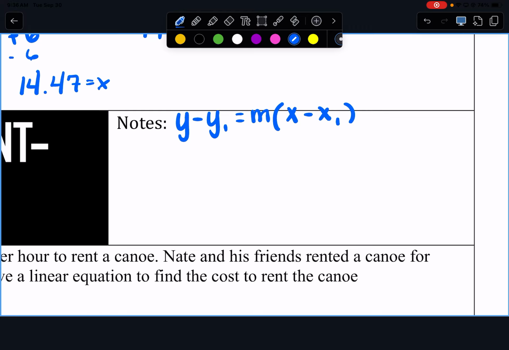Those are three of our important formulas for this unit, okay? So, we use this when we are given what two things? Point and slope, okay? So, we're going to put on here, use when given a rate of change.